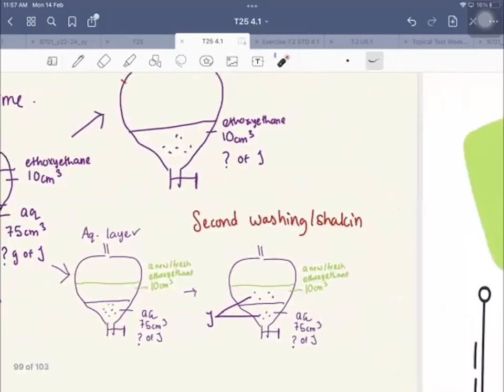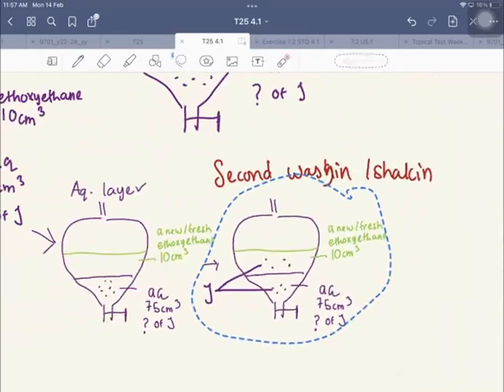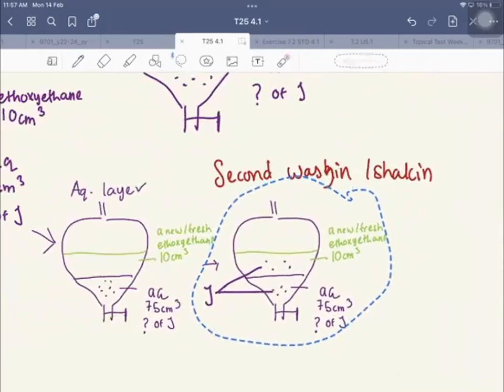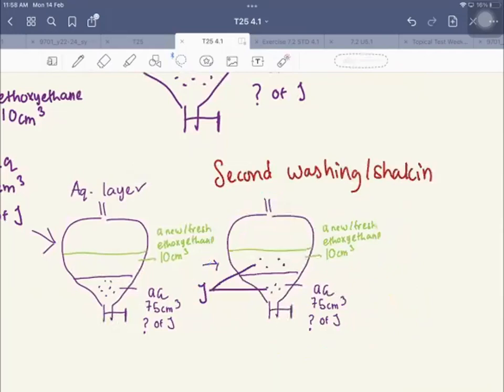So that means I should draw another one. You separate. There we go.